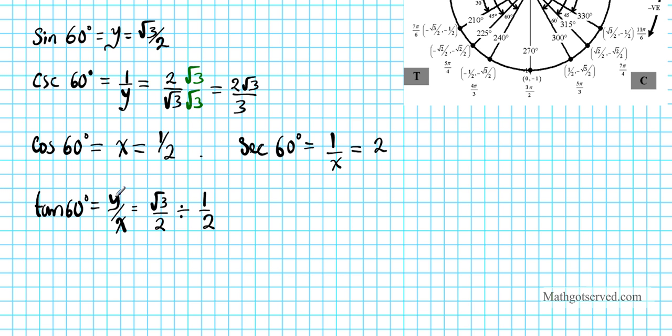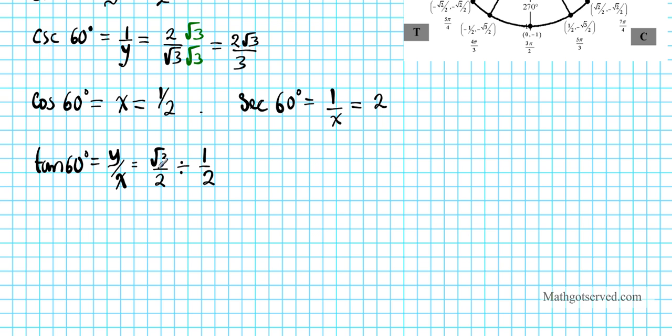We drop the first fraction, change the division to a times, and flip the second fraction, 2 over 1. These two 2's divide out, and your final answer is square root of 3, because root 3 over 1 is just root 3.